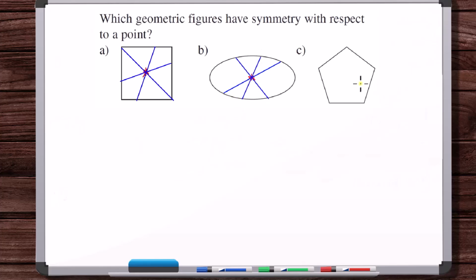Okay, now here, this should be no, because you can see, a regular pentagon has 5 lines of symmetry, but you see there that those lengths aren't equal. Those lengths are, but we just saw, you can clearly see these lengths aren't equal.